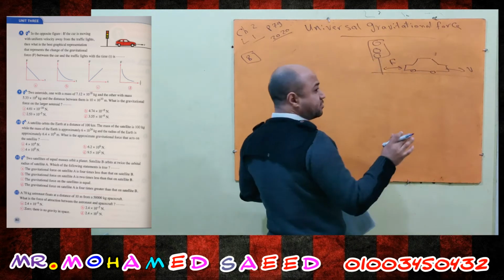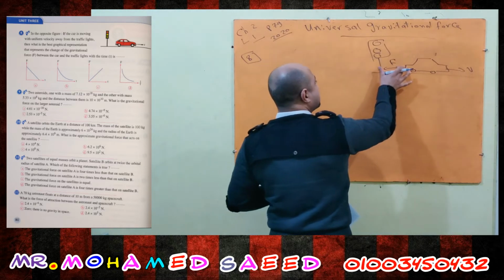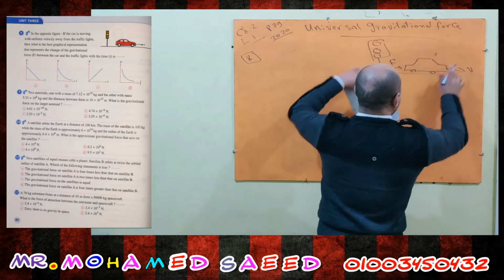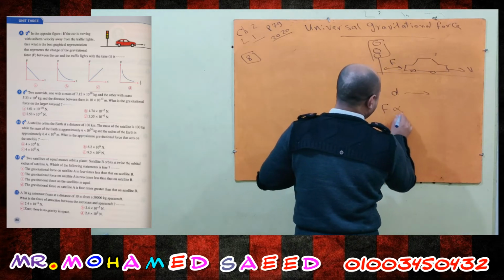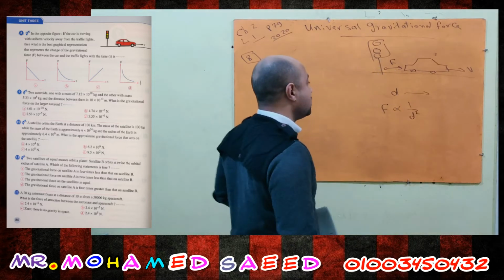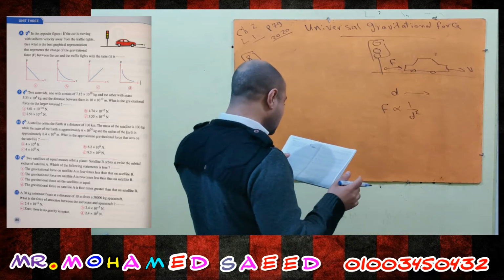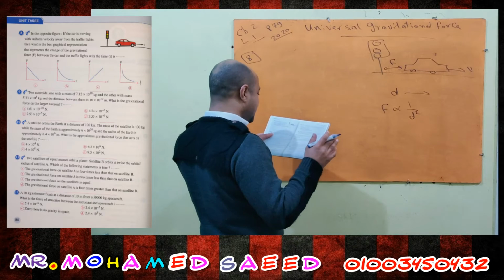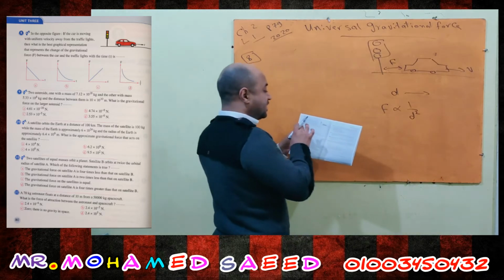So you should know that the force will increase or decrease by increasing the distance between car and traffic lights. By increasing the distance, the force F is inversely proportional to the square of the distance. You should know that. So the force decreases. So we can remove or eliminate C, and C is wrong, okay, because the force decreases as time passes.